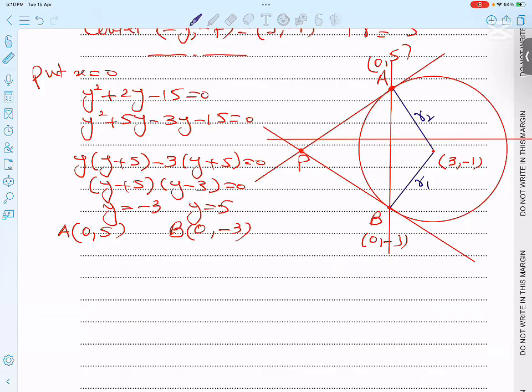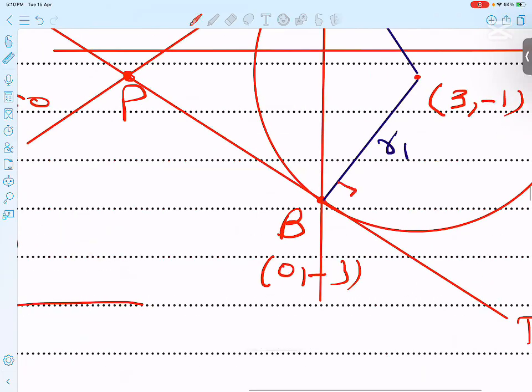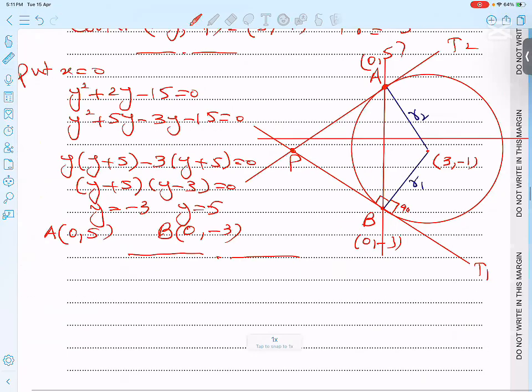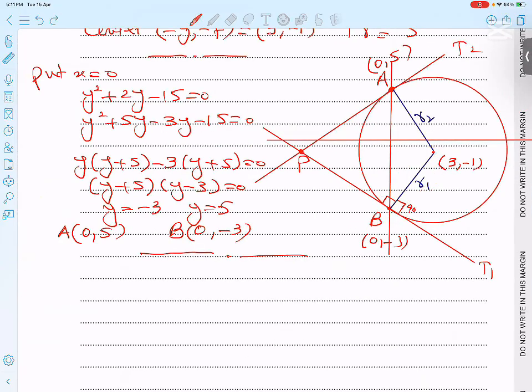Look at how I'm going to show you now. First of all, tangent 1, and then I'll go for tangent 2, and then I will solve them simultaneously. How to get tangent 1? Do you know, students? This is 90 degrees for sure. So I will find the gradient of the radius first.